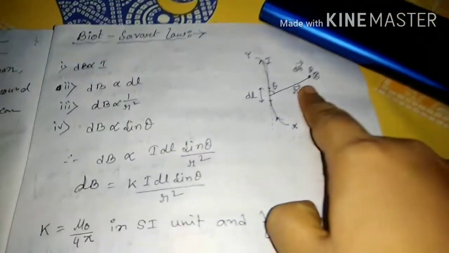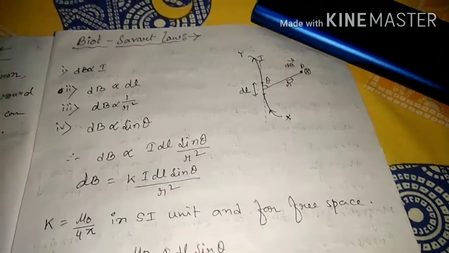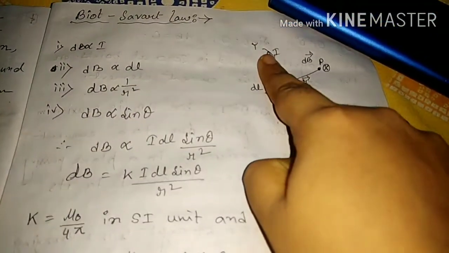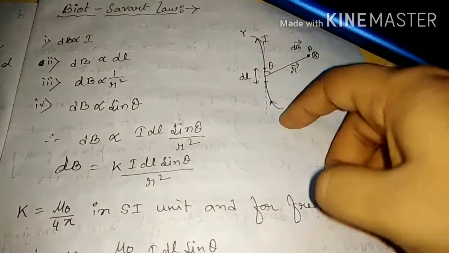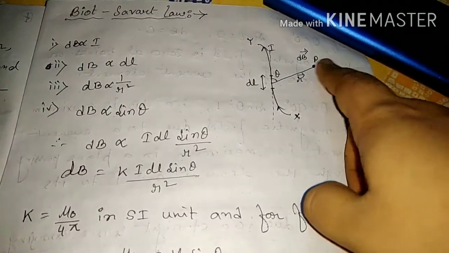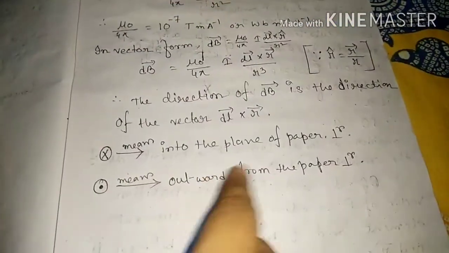That means at point P, the magnetic field lines emerge outward from the plane of the paper perpendicularly. Whenever the direction of current is this side, opposite to this side, that means y to x, at point P we use this dot sign. Dot means outward from the plane of the paper perpendicularly. This is the Biot-Savart law. I hope you understand this one.